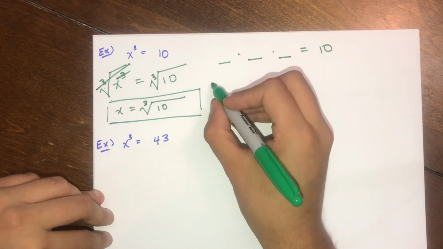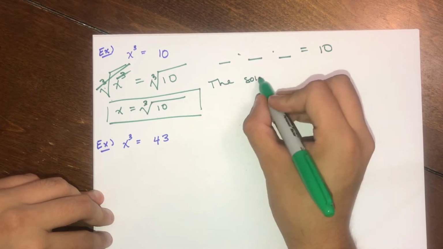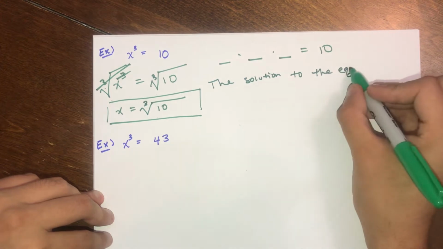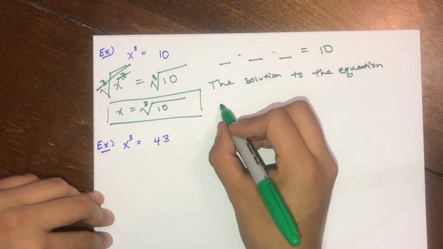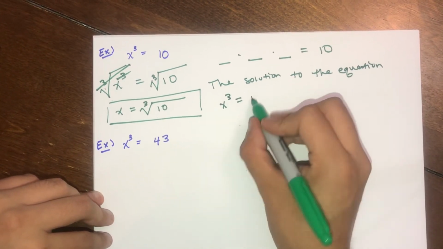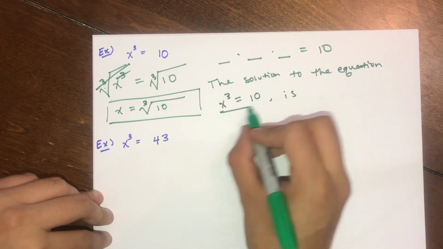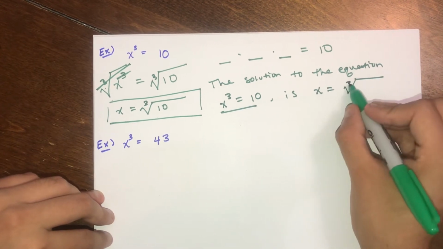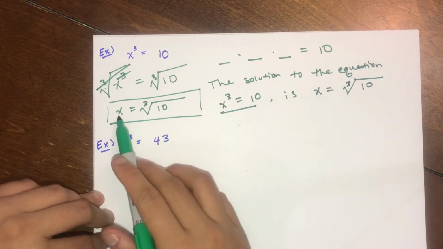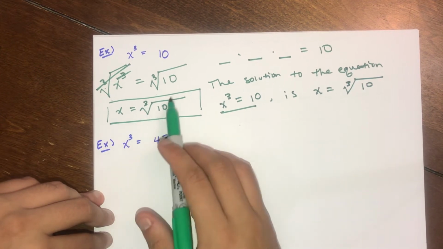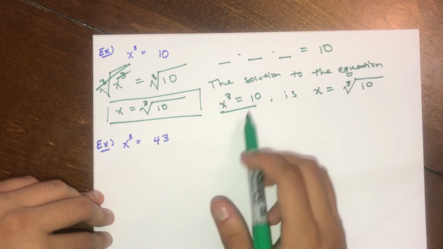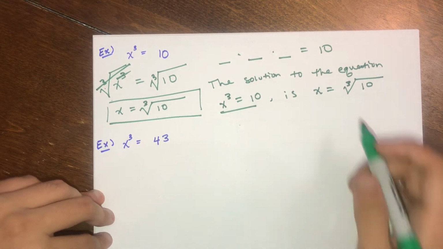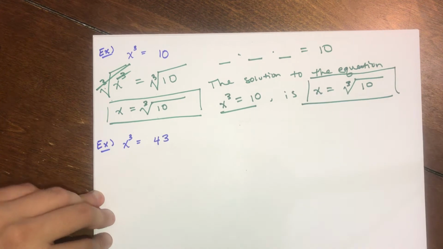So what we would say is the solution to the equation x cubed equals 10 is x equals the cube root of 10, okay? Because now x is by itself, and x equals the cube root of 10. So the solution to this equation, x cubed equals 10, is x equals the cube root of 10. That's all you have to do. You can leave it just like this, okay?